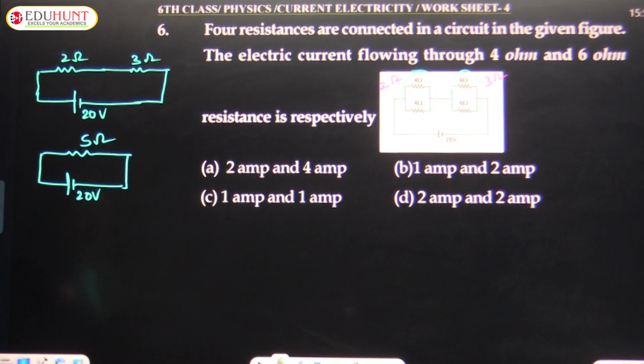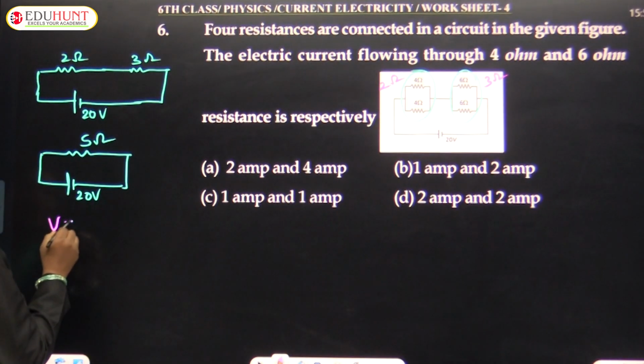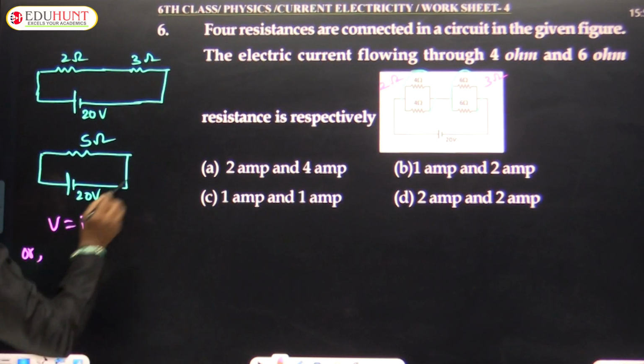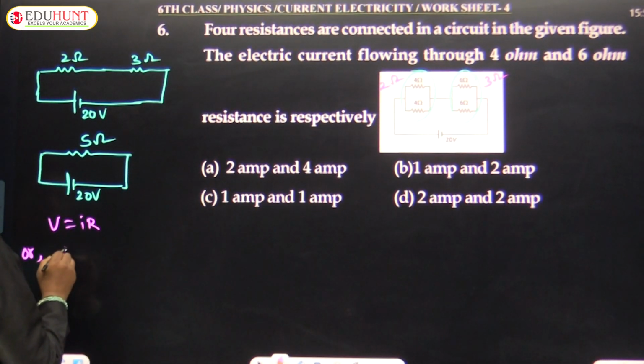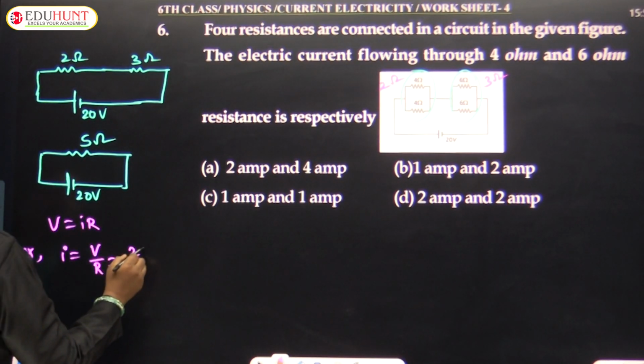Applied potential difference. So, now we have voltage is 20, resistance is 5 ohm. But from Ohm's law we have V is equal to IR, or the value of current you know to ask, I is equal to V by R. What is the potential applied? 20 volts.